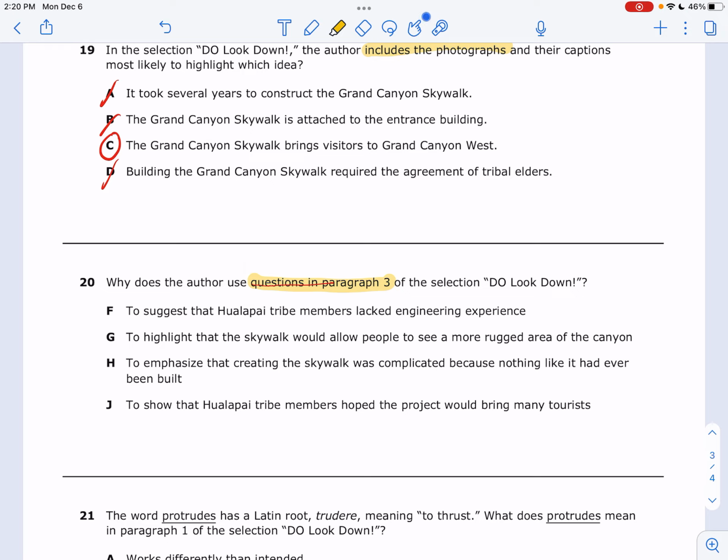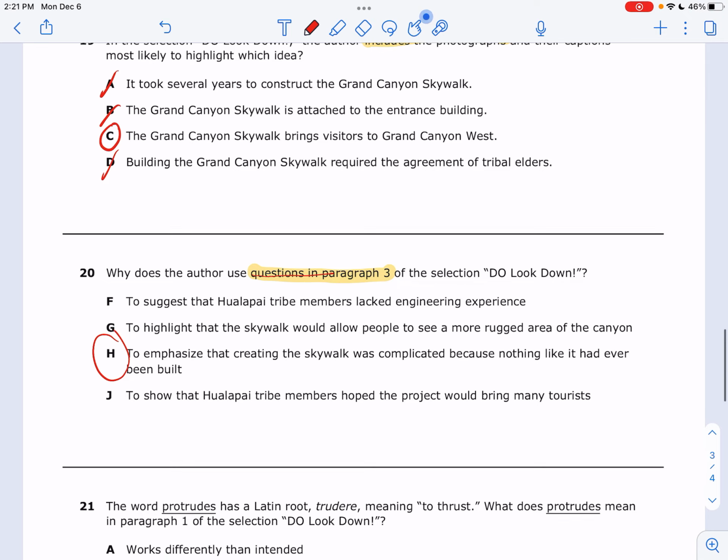So out of those, the best possible answer is going to be H, because those questions were emphasizing that it was going to take a lot of effort, a lot of work, a lot of knowledge to go into it. So they needed to ask those questions to figure out if it was actually going to work. Okay. All right.